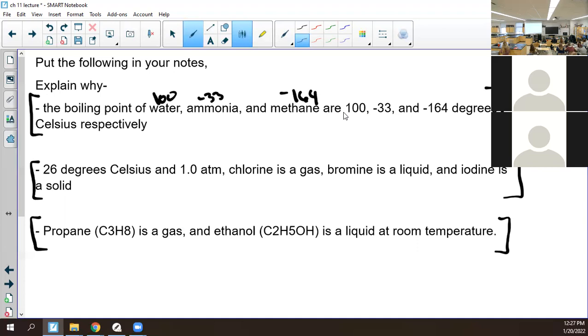Okay, so how do we account for these? We need to think, it's talking boiling point, so it must be asking really about the intermolecular forces.